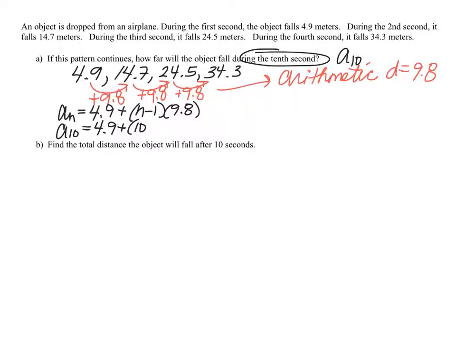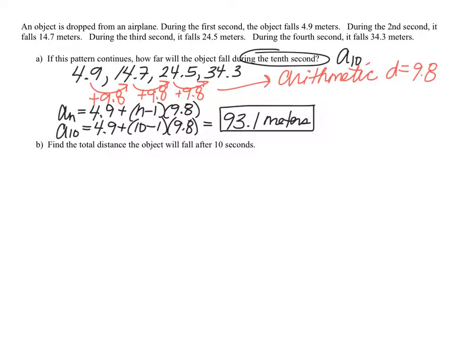So 4.9 plus 10 minus 1 times 9.8. And our 10th term appears to be 93.1. And let's put some units on that. That's going to be meters. So this object will fall 93.1 meters during the 10th second.